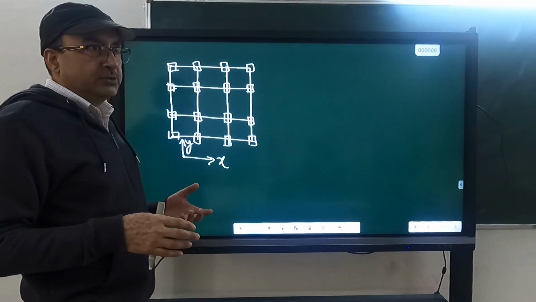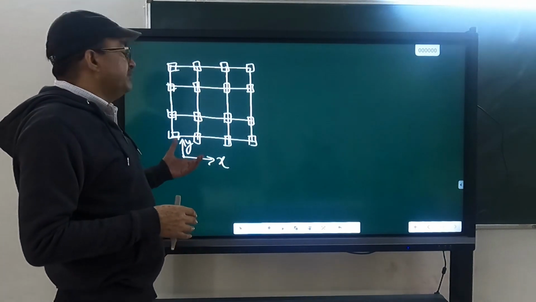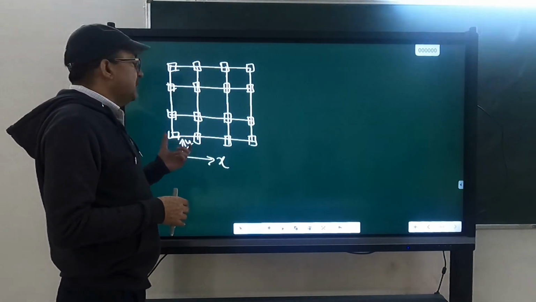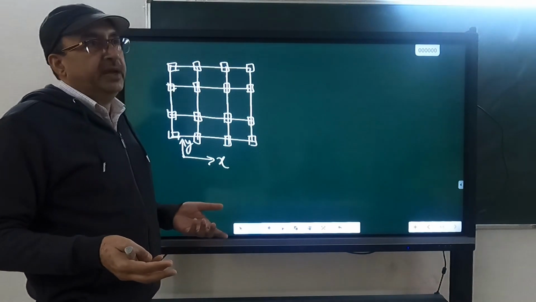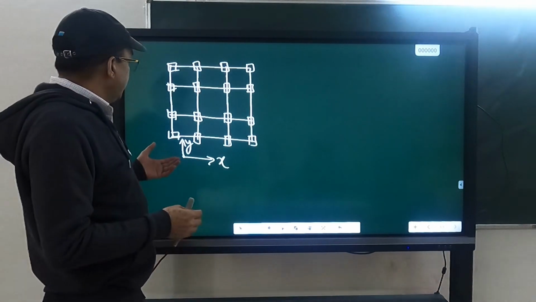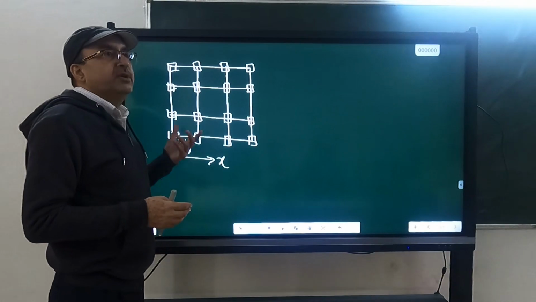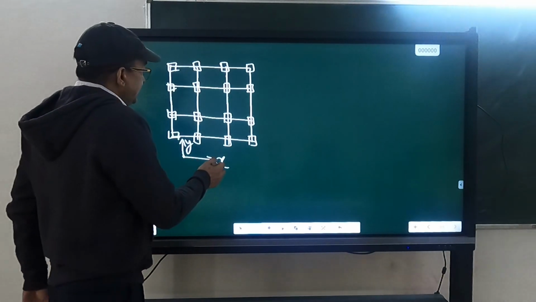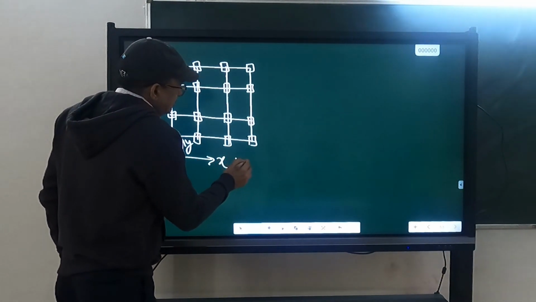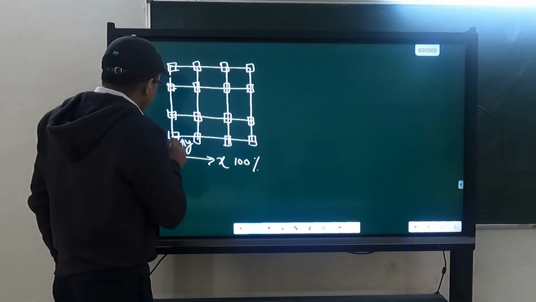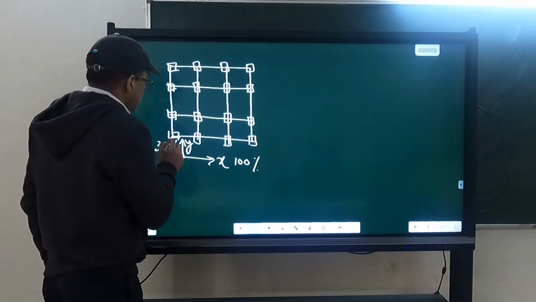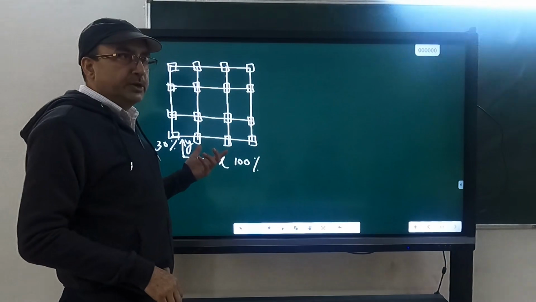What we usually do in time history analysis is consider both ground motions acting simultaneously. Alternatively, you can do separate analyses in X and Y, and then consider 100% in one direction and 30% in the other direction. The maximum moment you calculate.